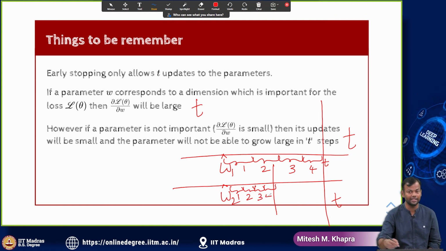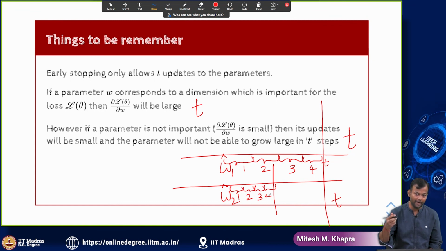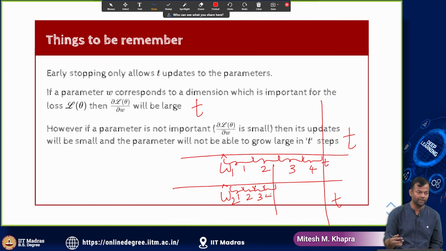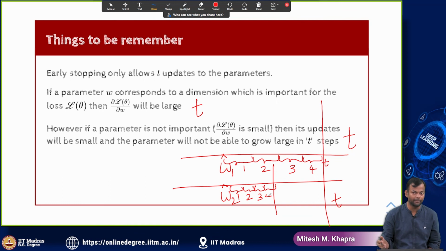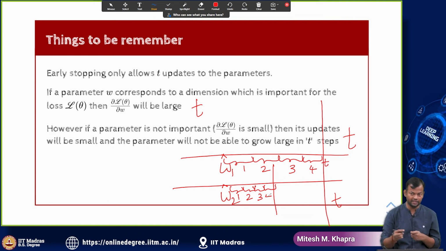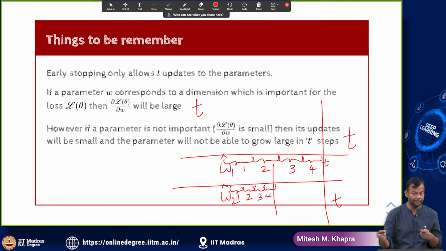So again, you see this proportionate scaling in some sense, right? The important parameters are allowed to grow relatively a bit more as compared to the unimportant parameters. Of course, both the parameters are being clipped; neither is allowed to grow beyond a certain point, but there is some kind of proportional scaling happening implicitly.